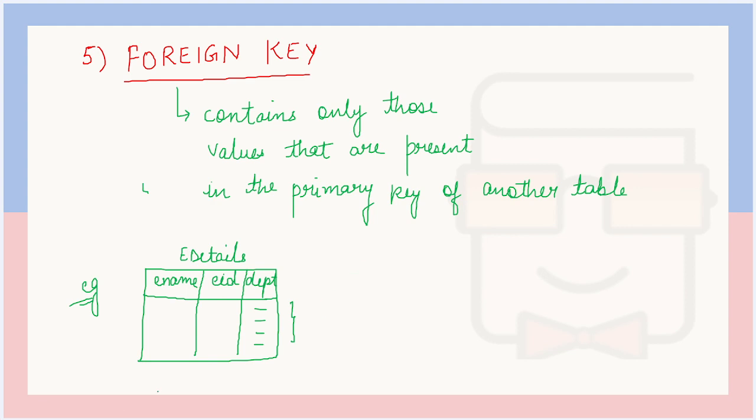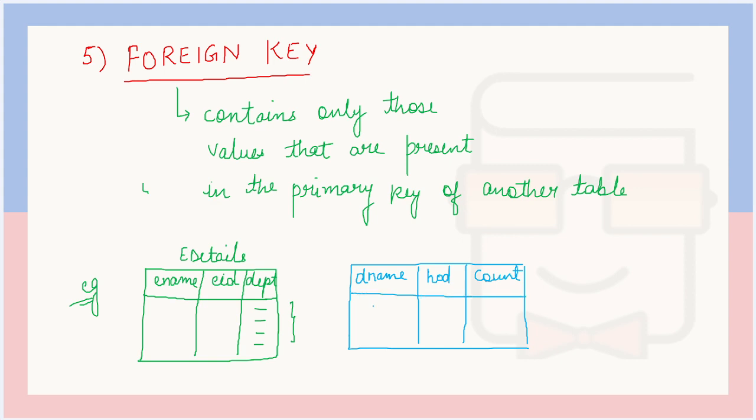Now, if our employee database also contains a table that stores only the details of the departments that are present in that company, say details like department name, then the head of the department, and the count of employees in that department. Now, in this case, we need not store same department details multiple times. Say in a company, there is the HR department, then there is the engineering department, then there is the logistic department or supply chain department.